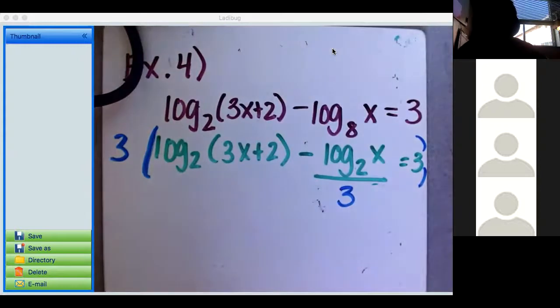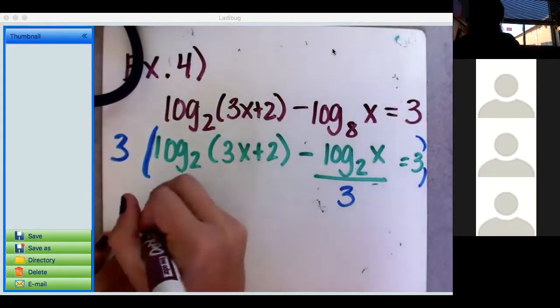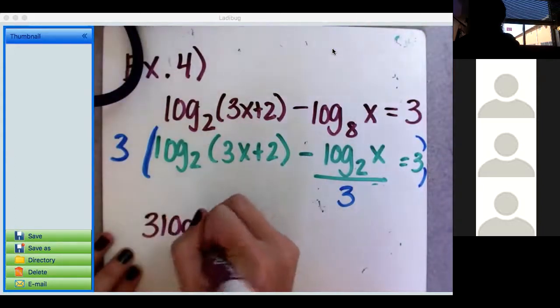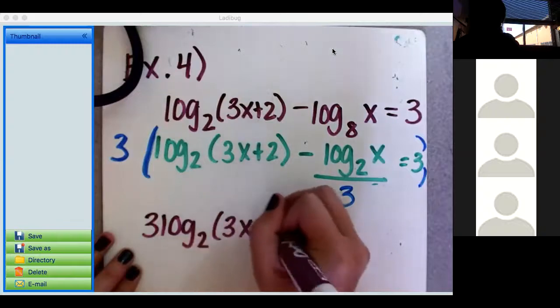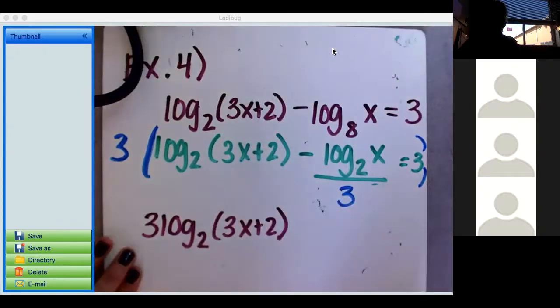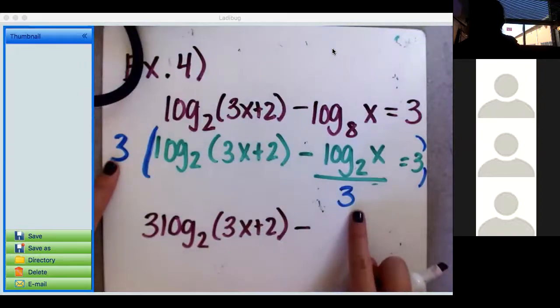Huh? All right. What do we do now? Good. Distribute the 3. So this is 3 log base 2 of 3x plus 2. Are we okay there? Okay. Minus, what happens with these two 3s?